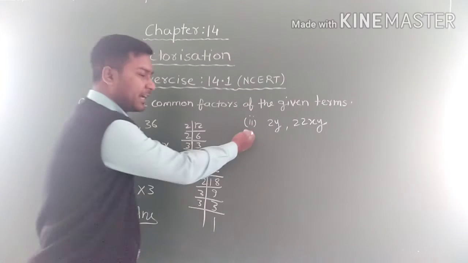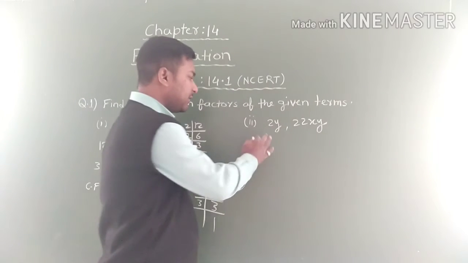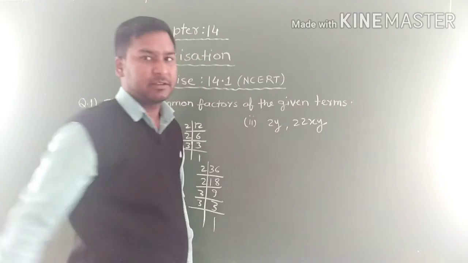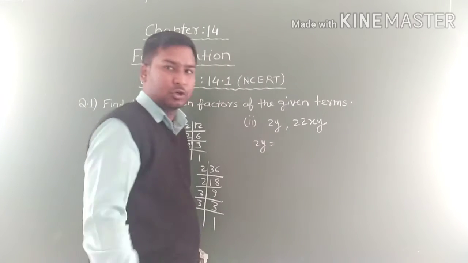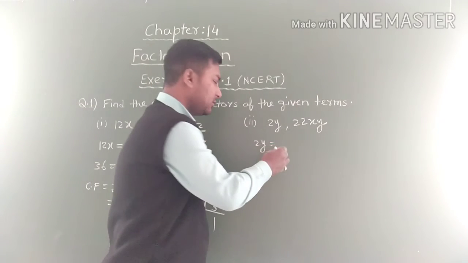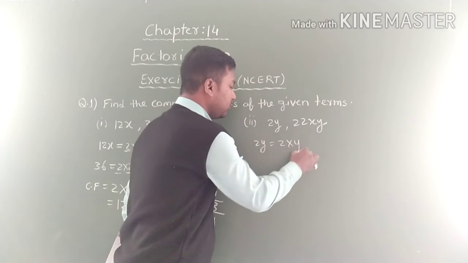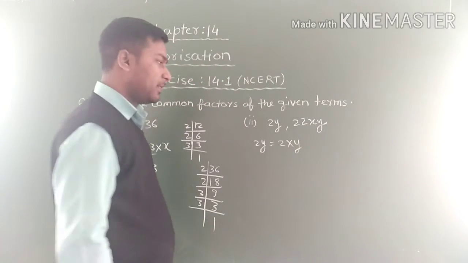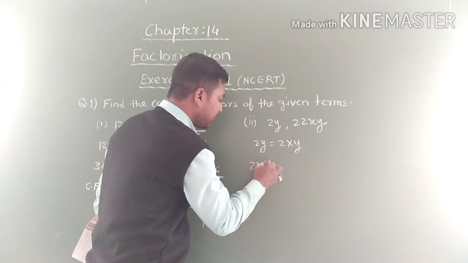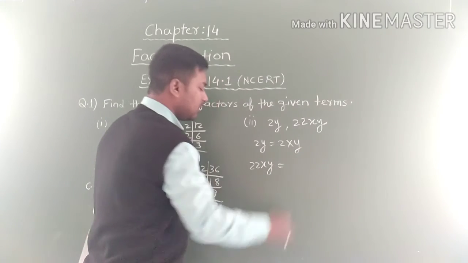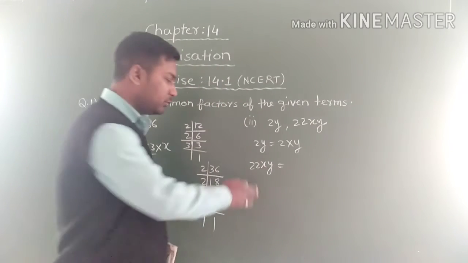Similarly, question number 2. What is given? 2y and 22xy. The factorization of 2y will be 2 into y. Similarly, 22xy is given here. What is the factorization of 22?